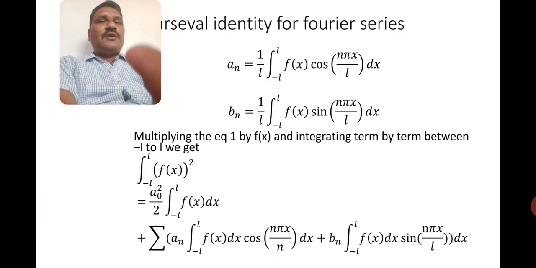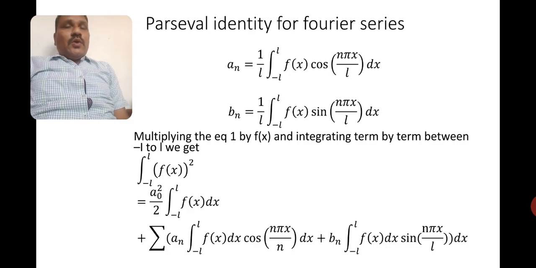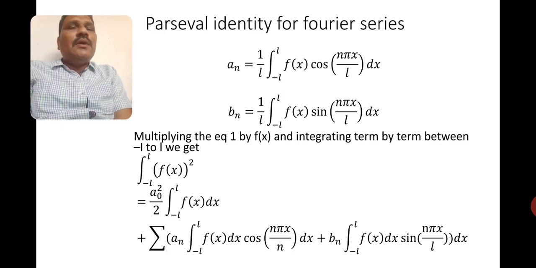After multiplication, since f of x is already there, one more time you will get integral minus L to plus L f of x square dx is equal to a naught by 2 integral minus L to plus L f of x dx plus summation an integral minus L to plus L f of x cos n pi x by L dx plus bn integral minus L to plus L f of x sin n pi x by L dx.